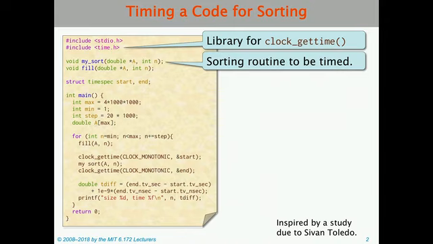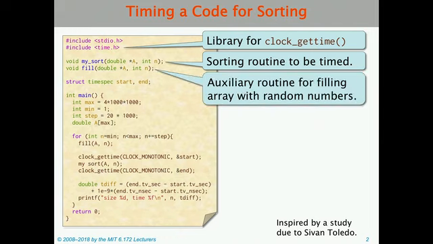And then we have a sorting routine that we're going to time, that I'm not showing you. And there is also a fill routine, which is going to fill up the array with random numbers, so we have something to sort.